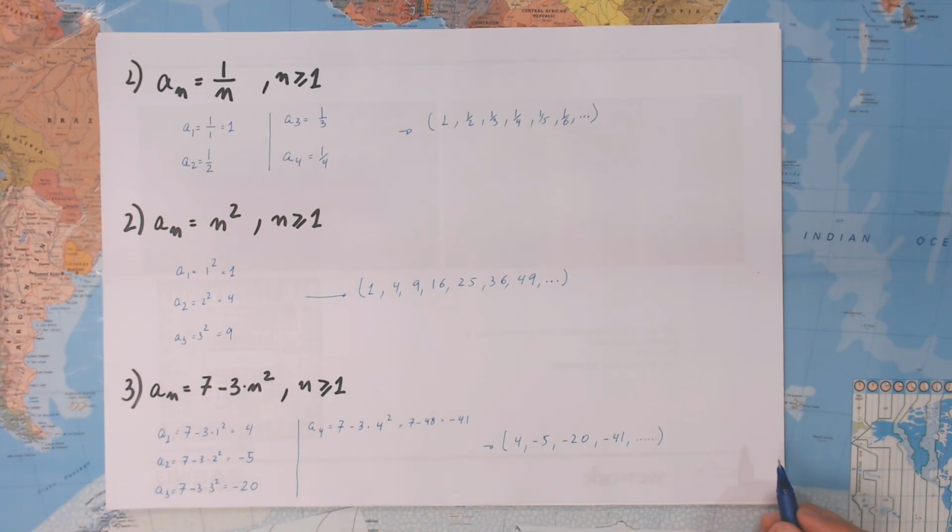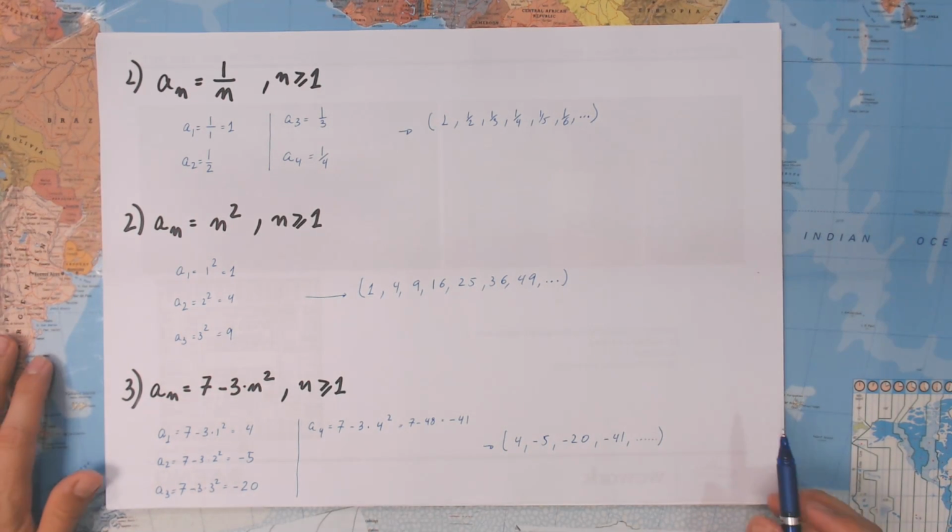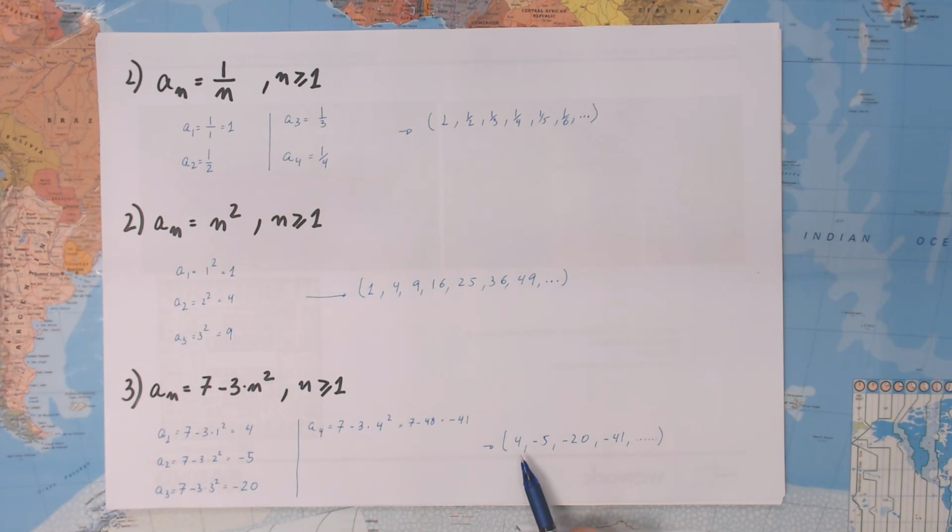The good thing about this sequence is it's funny, right? Because from 4 to minus 5 it seems to add negative 9, but if we just add a negative 9, we should get minus 14 and we get minus 20. So apparently this seems not to be a sequence.